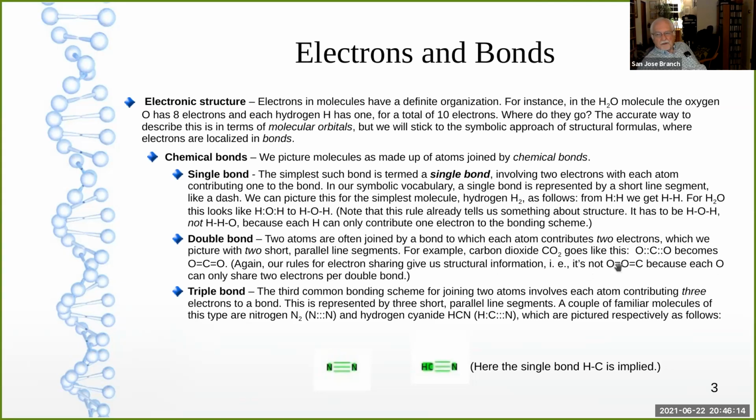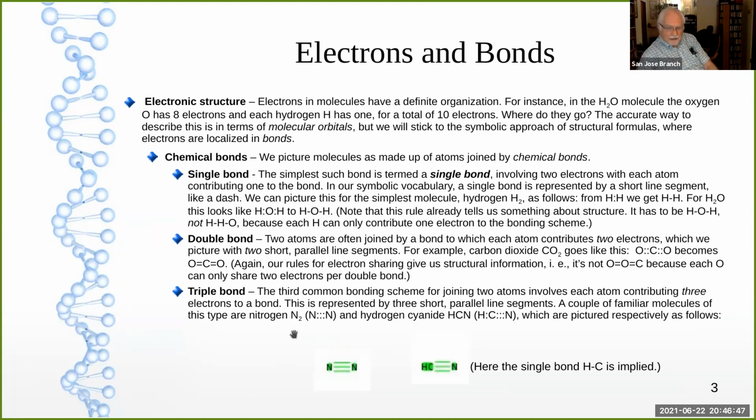So these two oxygens blow their supply of electrons just in forming that bond, and then you can't really have this, because you're not really sharing. Then carbon is just putting its four available electrons into this double bond, and it's just not how it works. It's not going to work that way. You want to get equal sharing. So that's the way the rules work for this symbolic language.